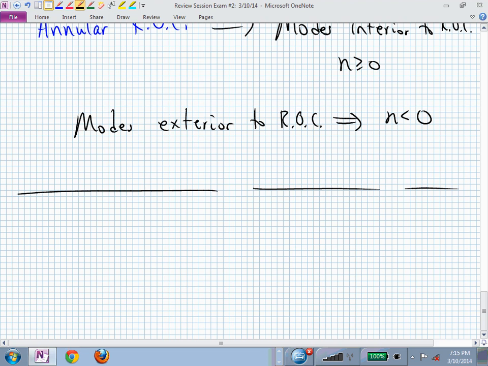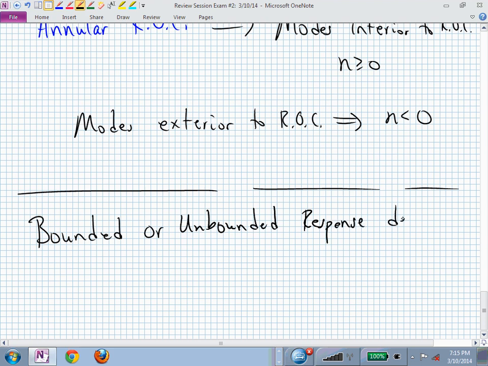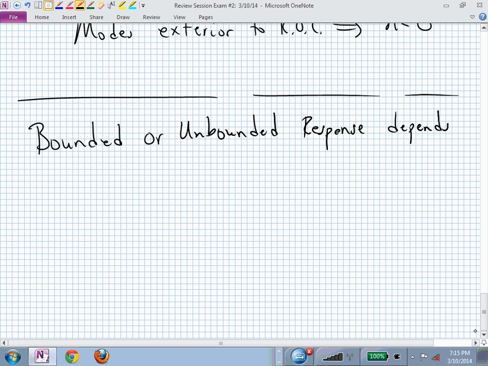It's found from this relative relationships, but now you could have a bounded or unbounded response, and that's going to depend on the magnitude or the modulus of the mode in question, and let me just say on the modulus of the mode.